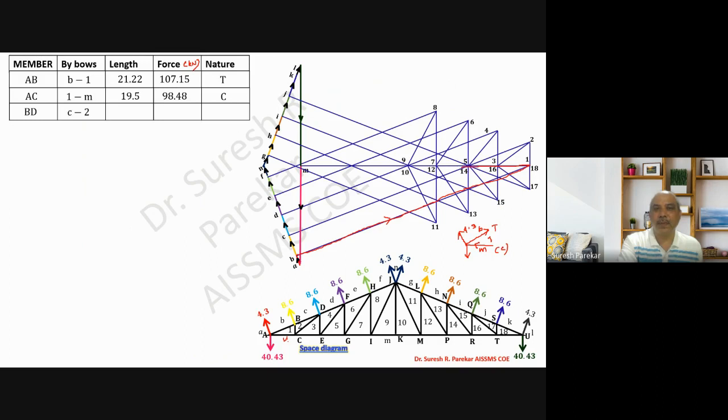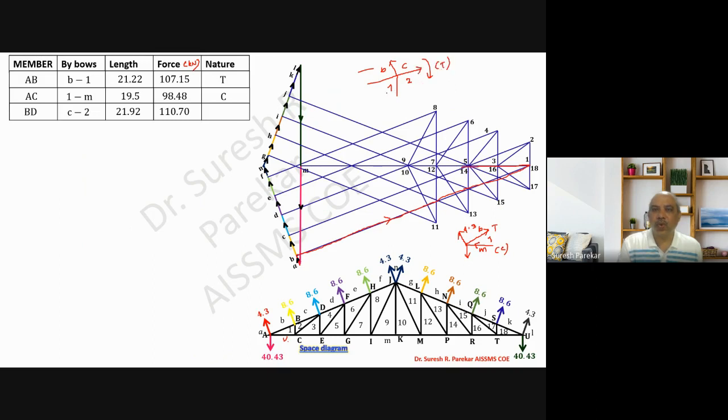Likewise, we have to go to B2 in the same fashion. If I consider this one joint and do not consider any other joint, we are in this fashion. This will be B, C, then vertical, then 1, 2, and then we go. BD is the member, that means C2. So we go from C to 2, upward, so we have tension.